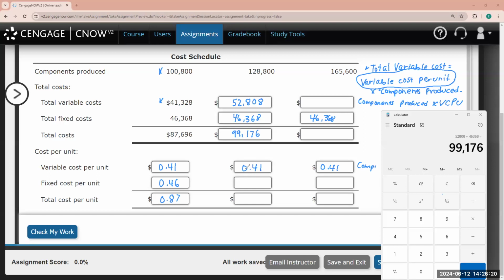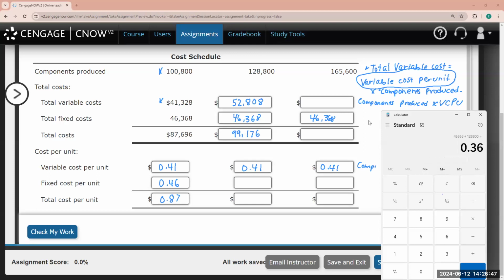Now we look to our fixed cost per unit. Our fixed cost per unit is ultimately dependent on the components produced. We know that our fixed cost remains the same. So our total fixed cost of $46,368 is divided by the components produced of 128,800.